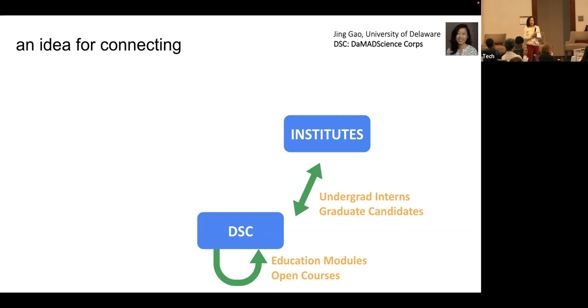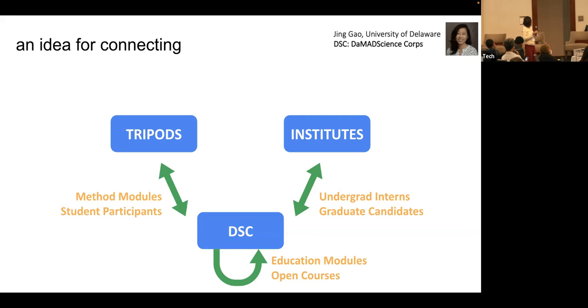And then we thought, okay, we can go even a bit more ambitious. Well, how about we include the TRIPODS as well? And we know many of you develop new methods, and you're already going to create workshops to present that to your audiences or your own communities anyway. Just also put that in a repository, because we also have boot camps for coding and statistics, so we can use your materials.